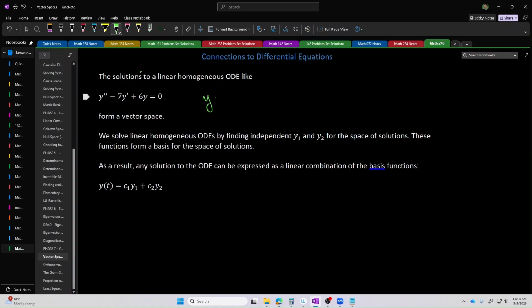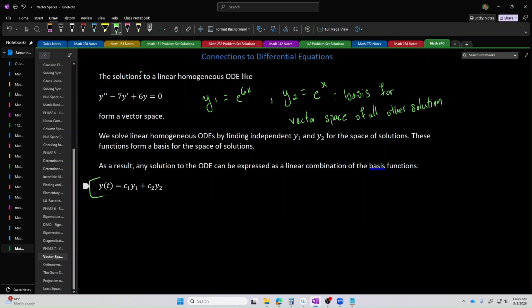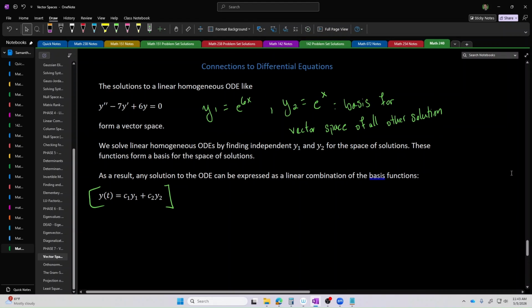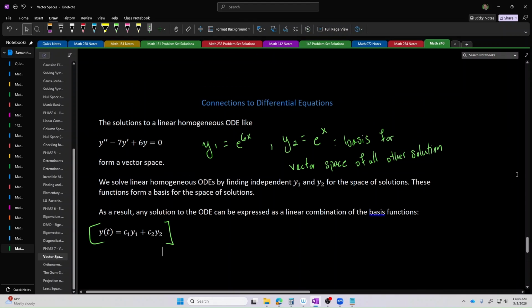For example, here I think the solutions might be e to the 6x and e to the 1x. Once you've found two independent solutions, these form a basis for the vector space of all other solutions. So every other solution can be expressed as a linear combination of these two independent starter solutions, y1 and y2. So this is also a concept that you might have encountered if you've taken differential equations before now.